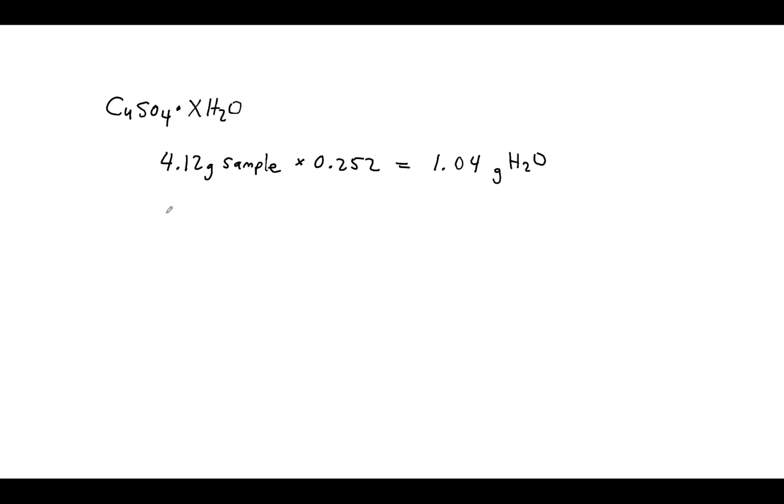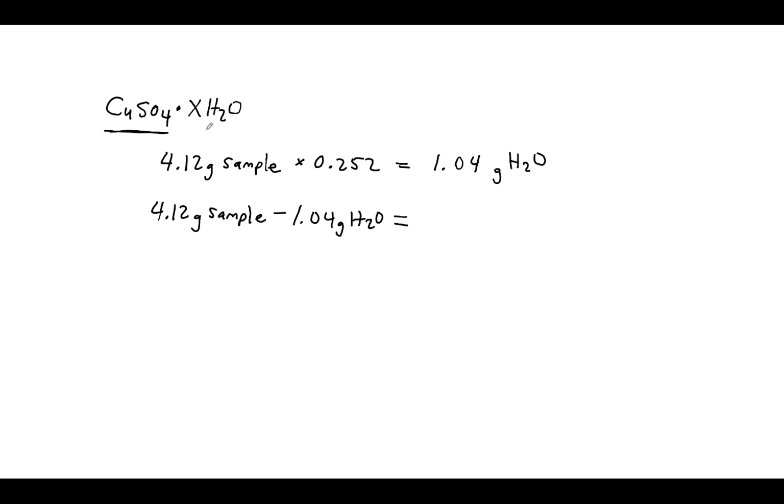So what does this mean? Well, it means that if we take our 4.12 gram sample and subtract off the 1.04 grams of H2O that was driven off when this was dehydrated, we end up with the mass of just the copper sulfate, right?